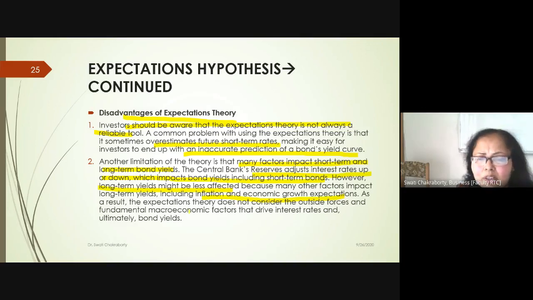So as a result, expectation theory does not consider these outside forces and some other fundamental macroeconomic factors which influence the interest rates and ultimately the bond yields.